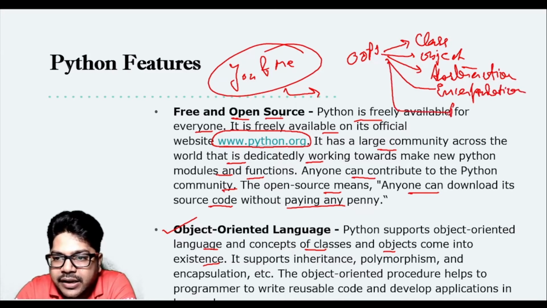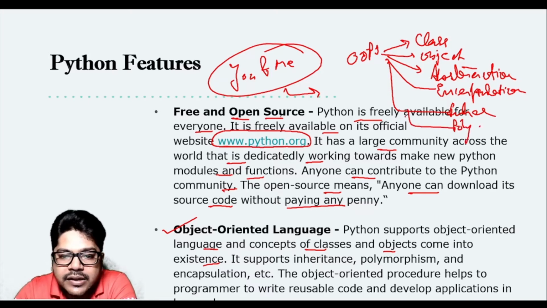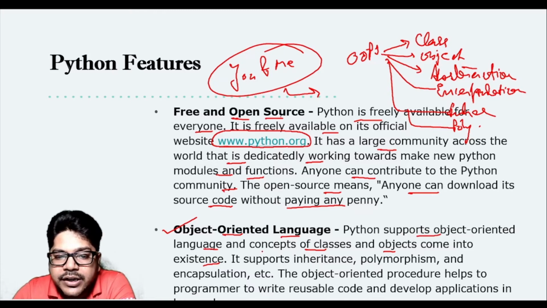These are the concepts in an object oriented programming language. Python supports inheritance, polymorphism, encapsulation, etc. The object oriented approach helps the programmer write reusable code and develop applications in less code.